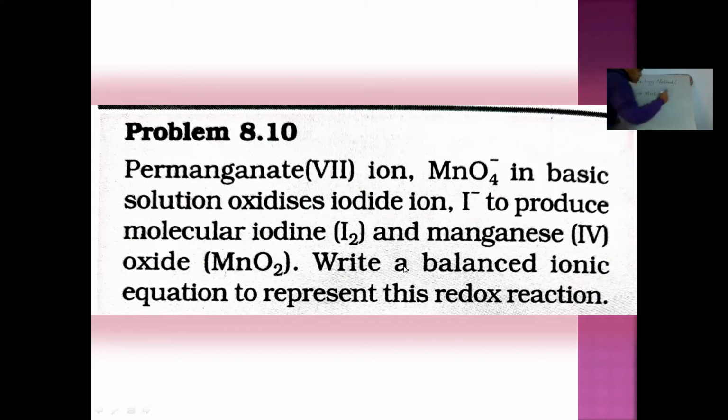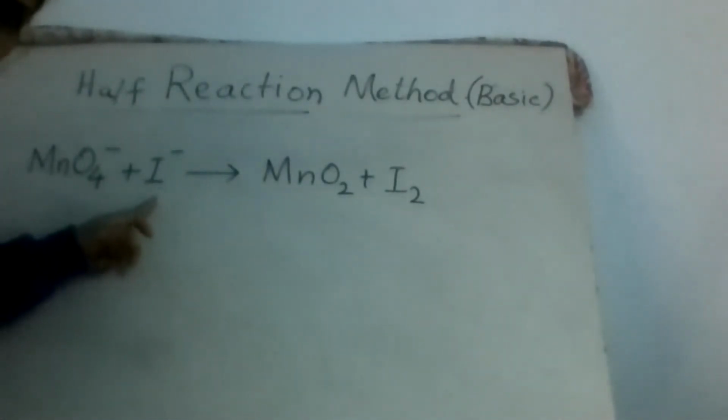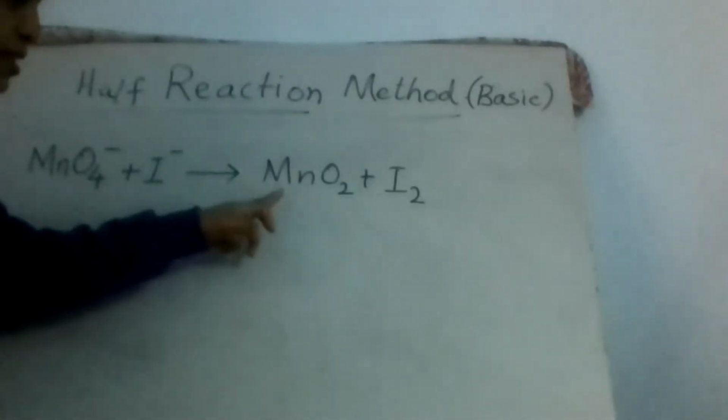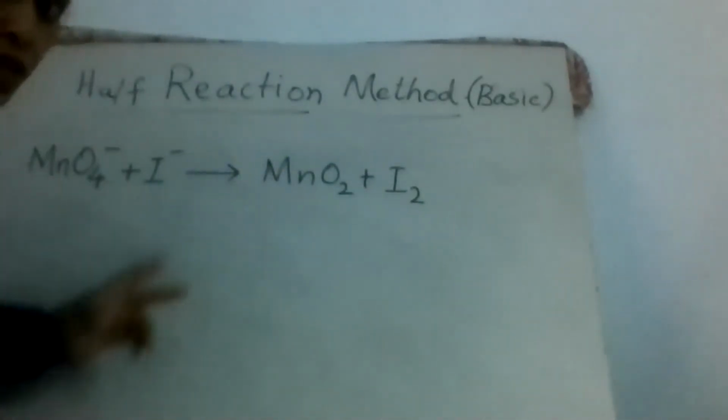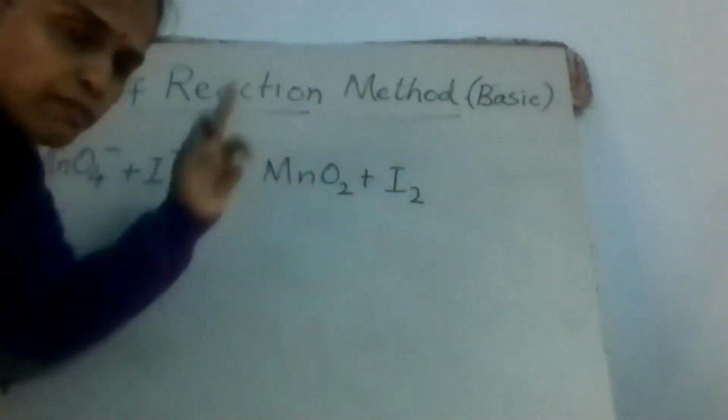You need to balance this equation in basic medium. So to balance that equation in basic medium, I read out, it is MnO4 minus plus I minus gives MnO2 plus I2. Again, it is in basic medium.